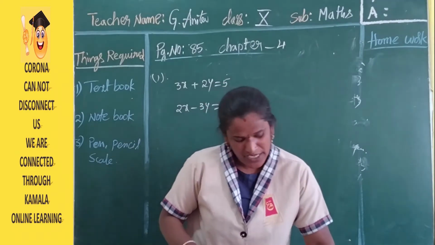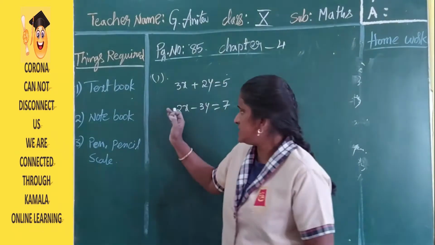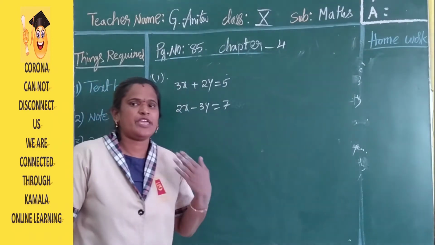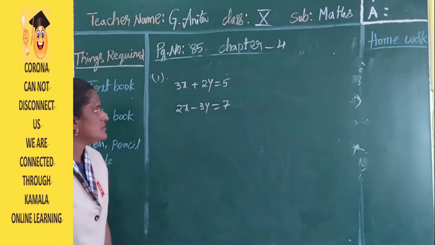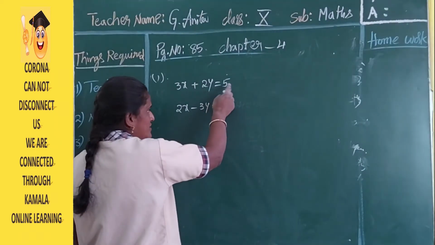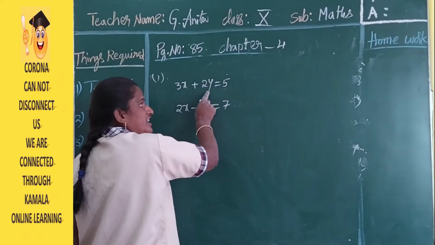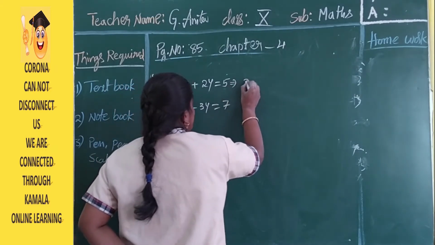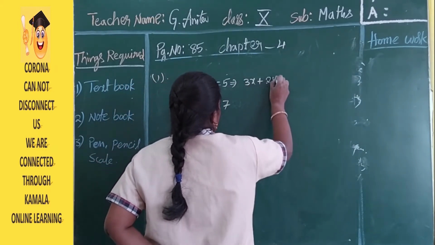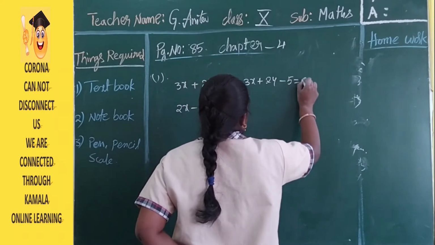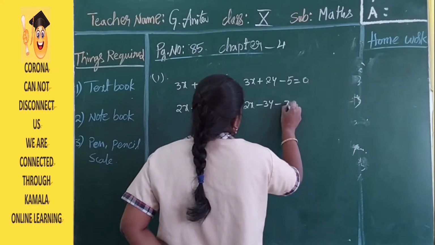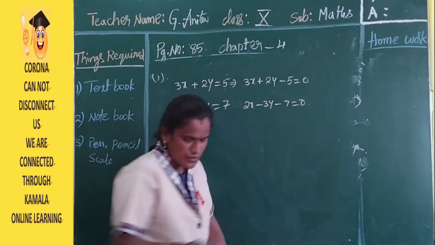Okay. So first we are going to compare these equations with the general form of a pair of linear equations. This value is outside, so it is moved to this side. So this can be written as 3x plus 2y minus 5 is equal to 0. Next, 2x minus 3y minus 7 is equal to 0. Okay.